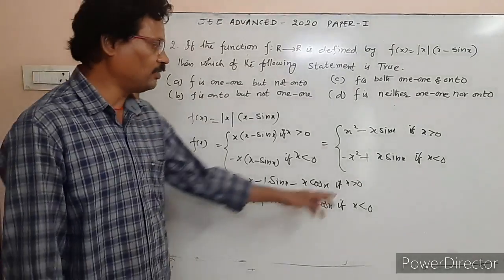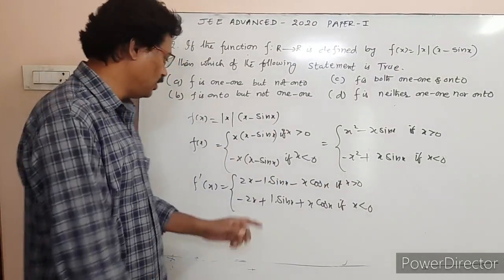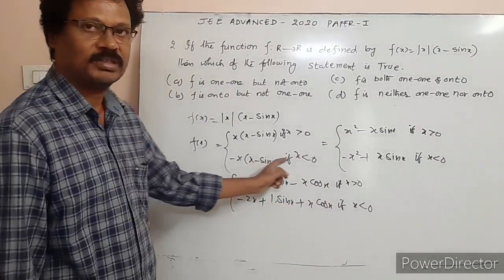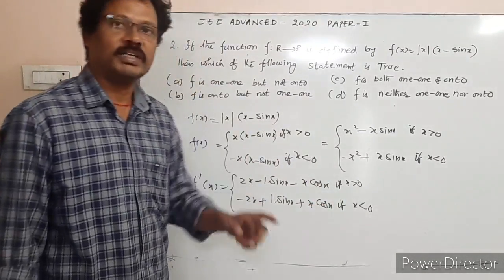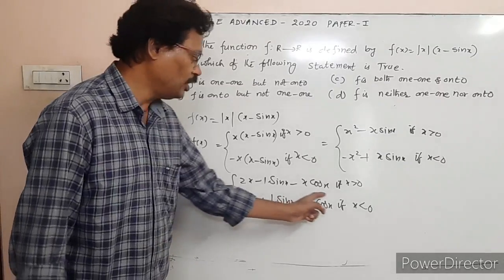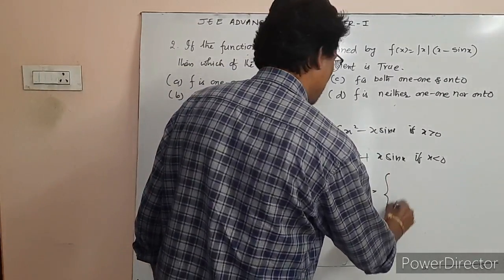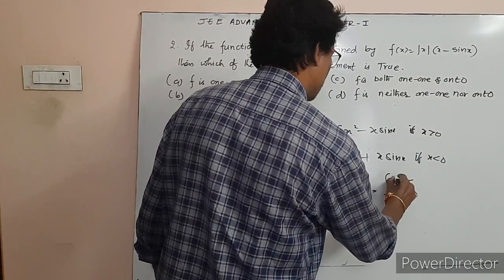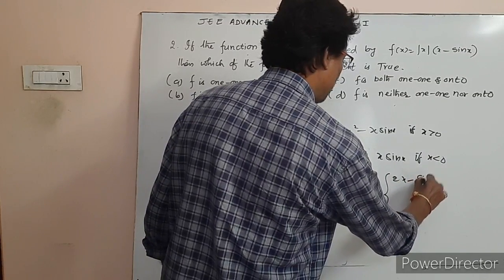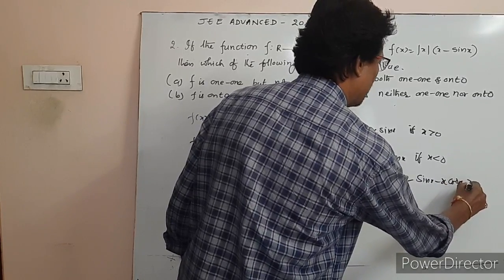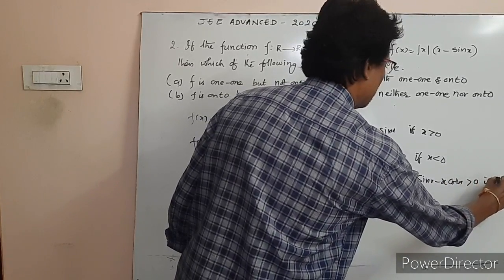Now if you see this one, if x is a positive number, then what will this be? This is always a positive number. And if x is a negative number, what about this one? This is also a positive number. Therefore, this is 2x minus sin x minus x cos x, which is greater than 0 if x is a positive number.